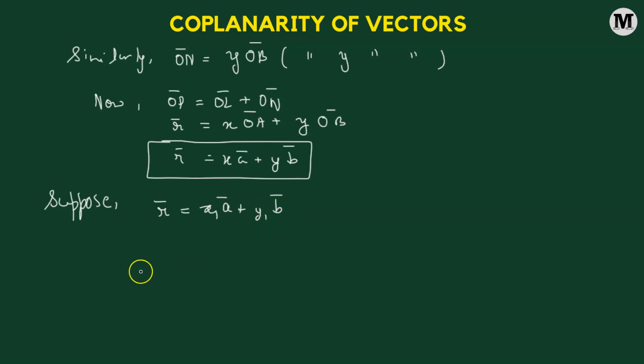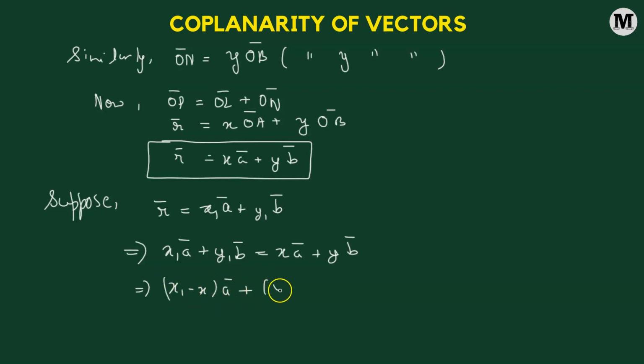If this is true, then in place of R vector, we have x1 A vector added to y1 B vector, and this should be equal to x times A vector plus y times B vector. Now, if we rearrange the terms, we get (x1 minus x) multiplied to A vector added to (y1 minus y) multiplied to B vector, and this will be equal to the 0 vector.